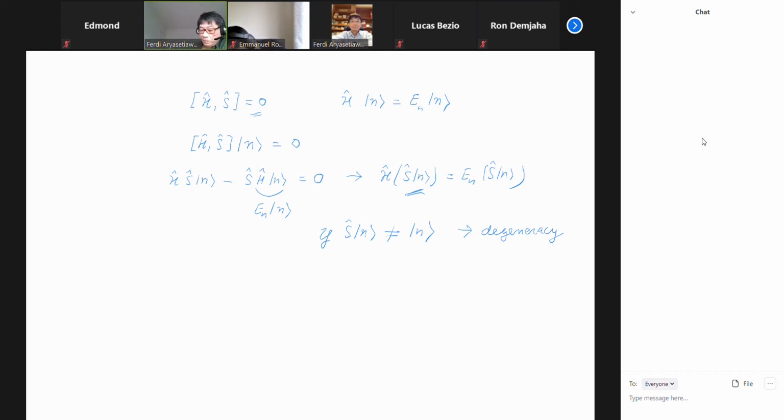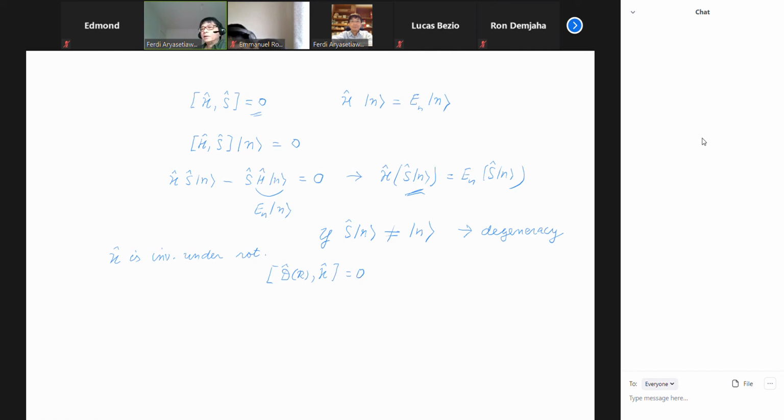Since we've been doing angular momentum, we can take as an example a Hamiltonian which is invariant under rotation. So let's say that H is invariant under rotation. That would imply that the commutator of H with the rotation operator is equal to 0.